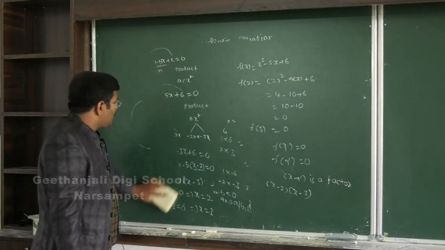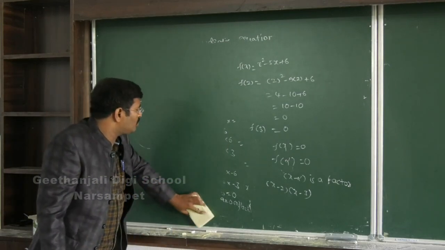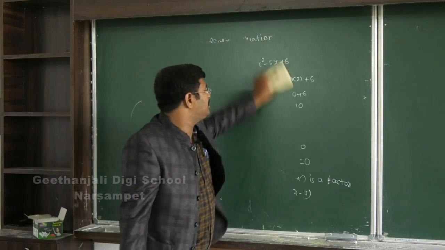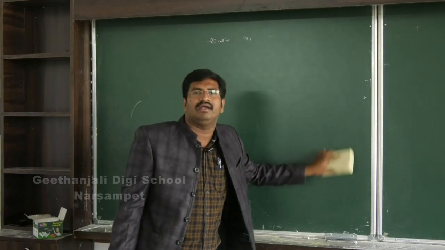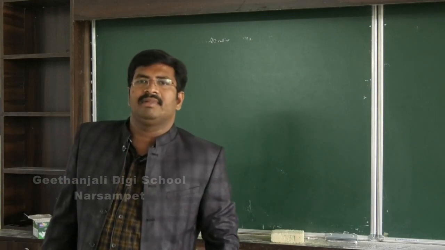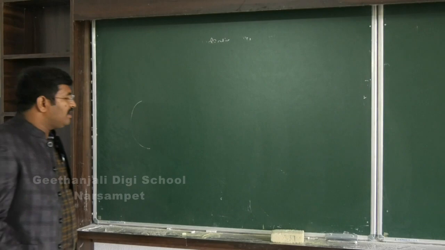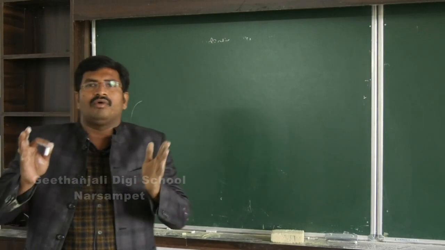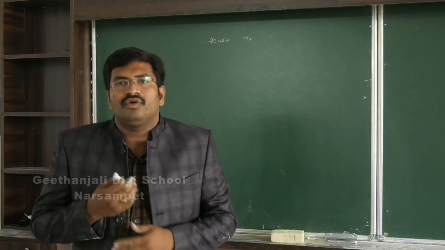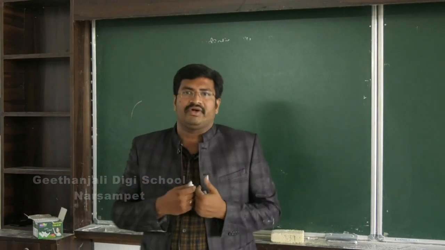Now up to now we learned the roots of the quadratic equation by using the quadratic formula and the factorization method, and by using the factor theorem we also learned the trial and error method. Then you know only the roots. If you know the roots, how do you find the quadratic equation?